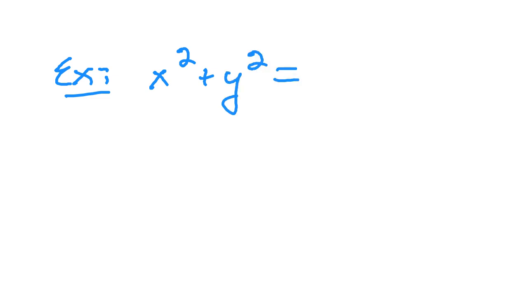Let's do an example. If I've got x squared plus y squared equals z. This is in rectangular coordinates. What did that look like?